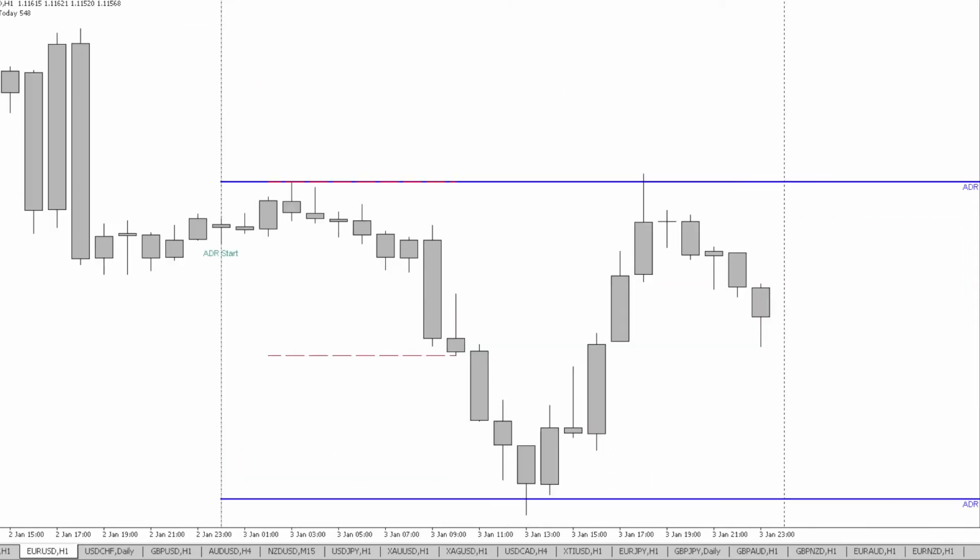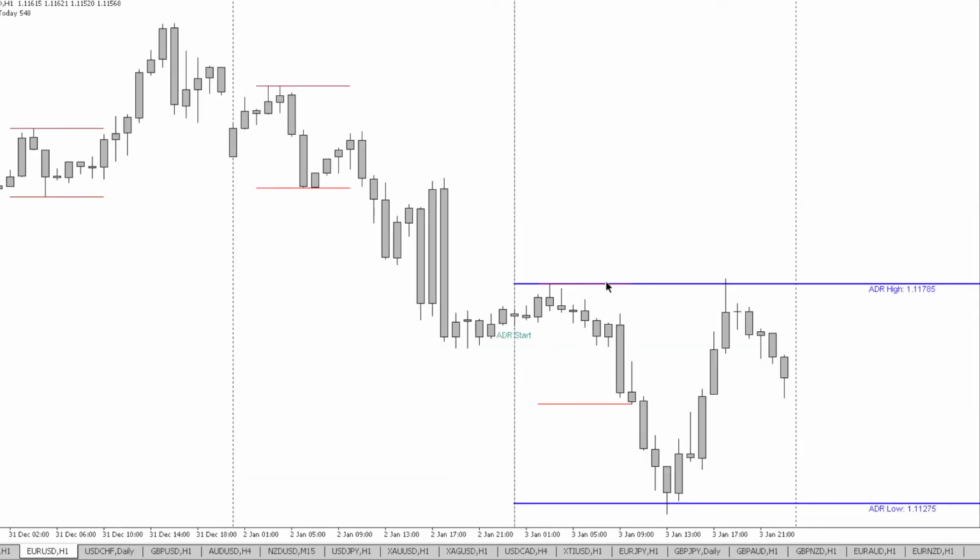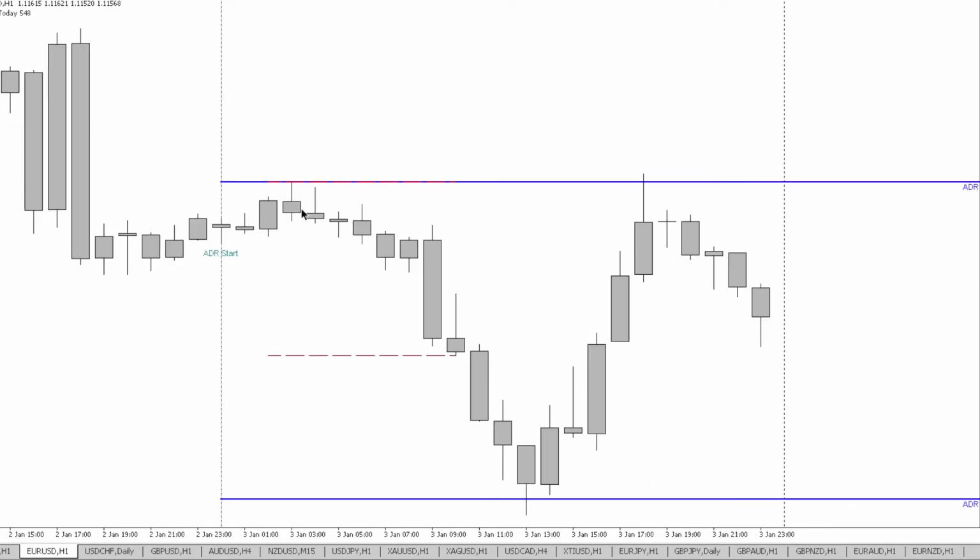When we go into our 1 hour chart now, we can see we've got the Asian session coming in from here. It kicks in around 12, which, trading IC Markets, is 2 hours in front, I believe.